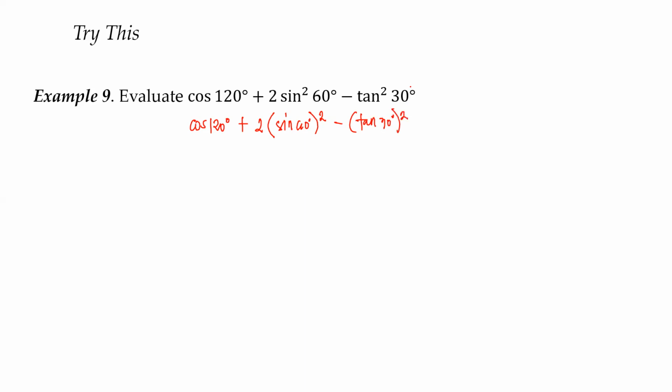So for our cosine 120, the reference angle is 180 minus 120, that is 60.